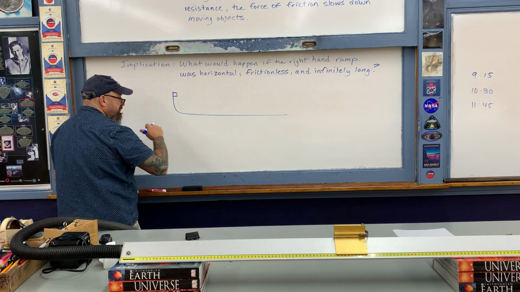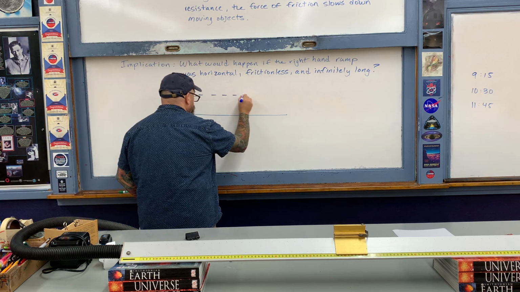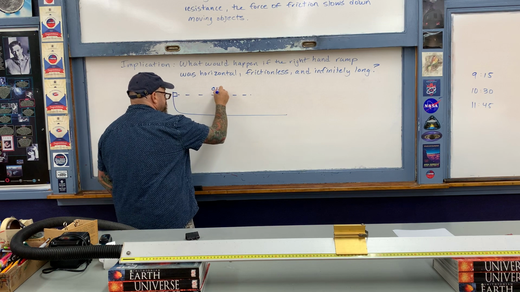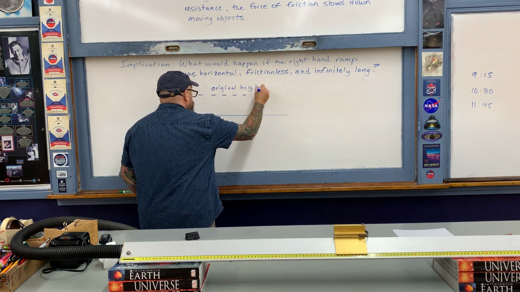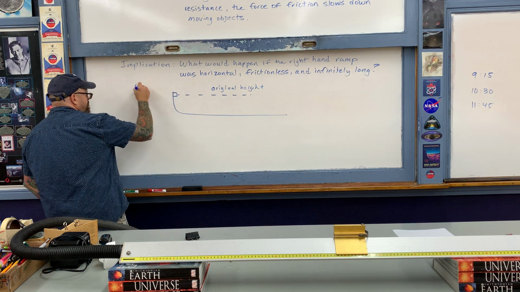Once again, the whole thing is thought of as frictionless. And then right here, we'll use this dotted line to indicate the original height. And then once again, we release the object from rest.